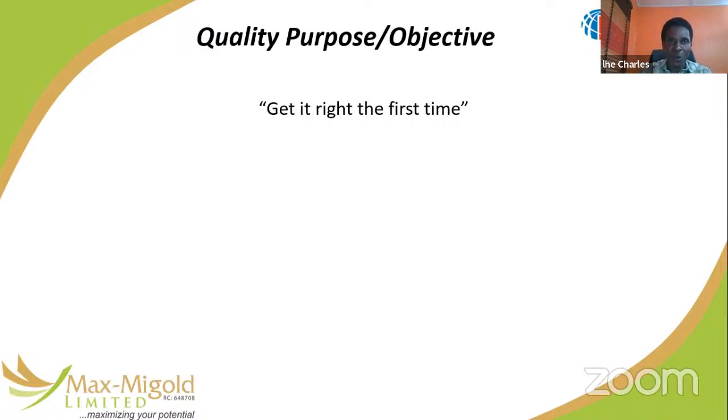Because when you do rework, it means you are spending more money, you're wasting time, and it is hitting the bottom line of that organization. So, as an FM, our quality objective is getting things right the first time. That clean environment, we must get it right and get it right consistently.